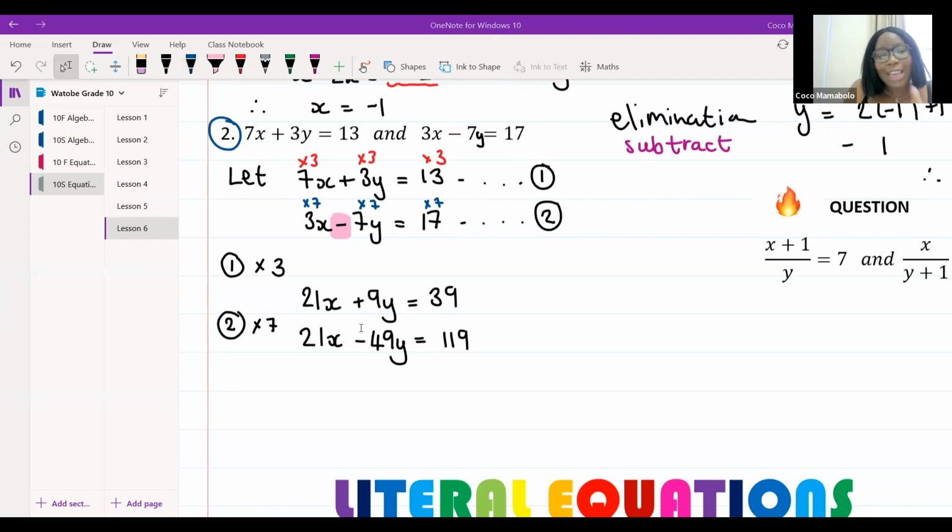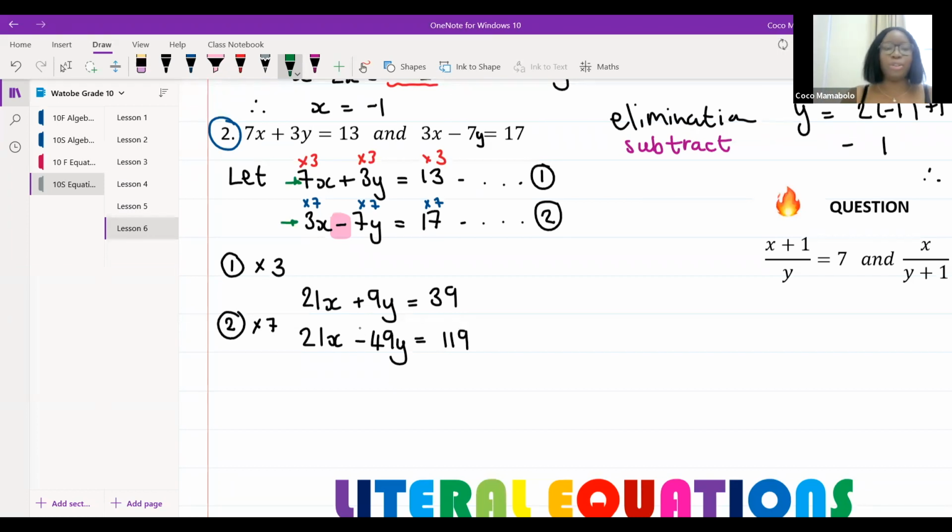Okay, so there's a bit of method to my madness. Do you guys now understand why I multiplied this part by 3 and this part by 7? Because I wanted one of the variables to cancel. I want one of them to minus from the other.